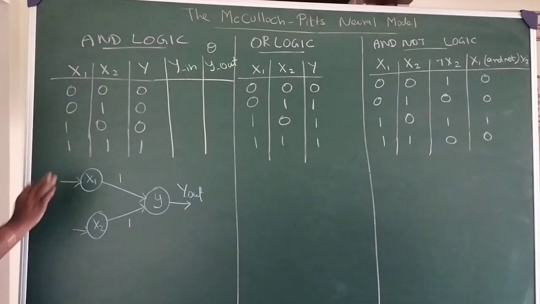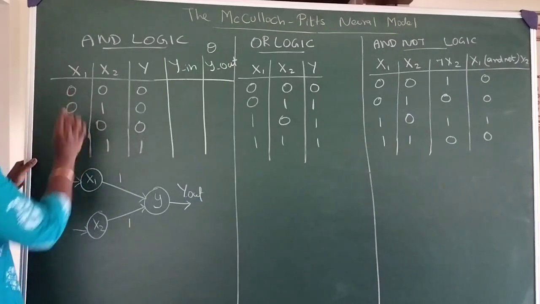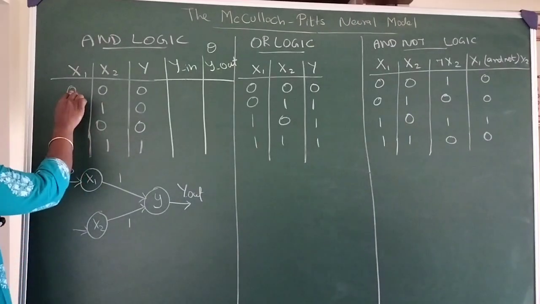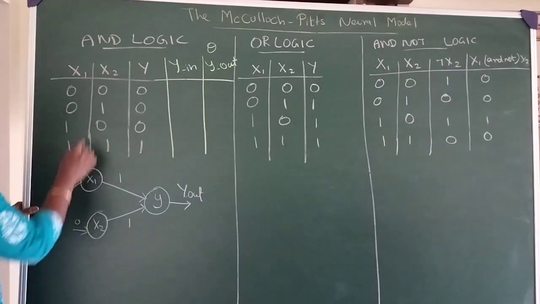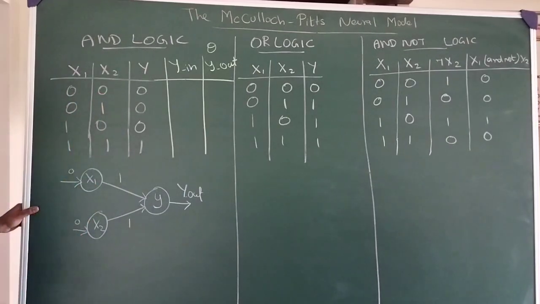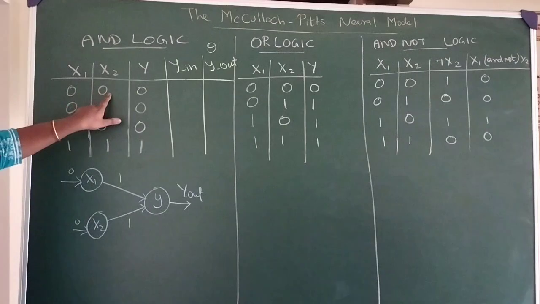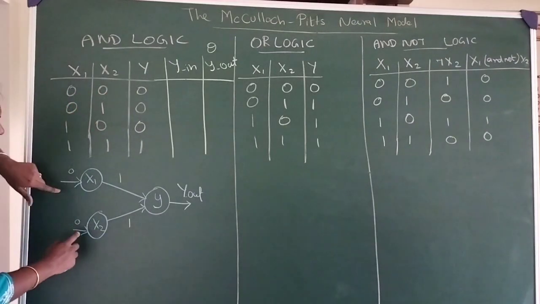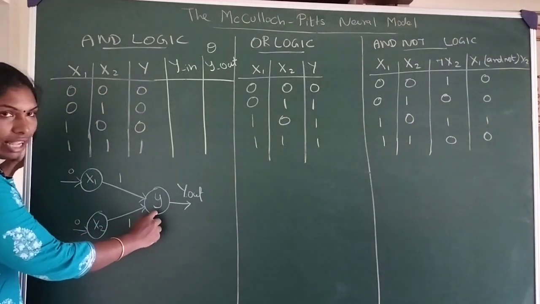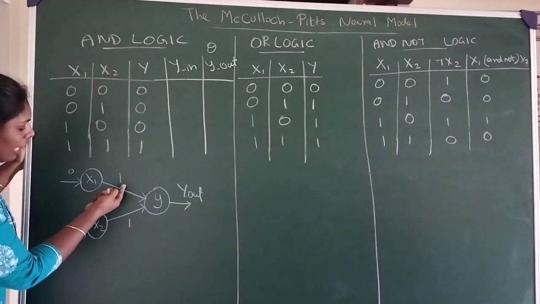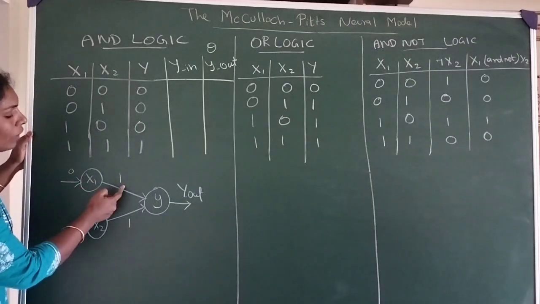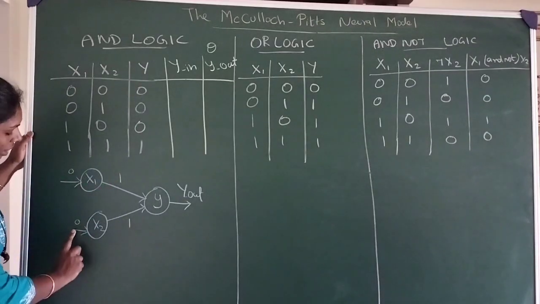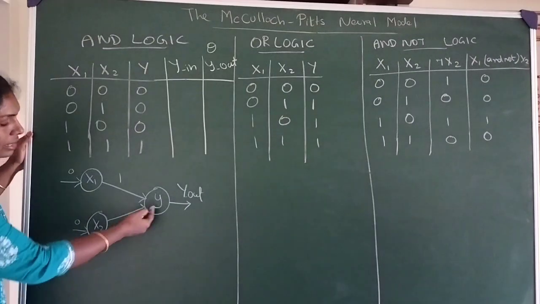First I'll start with my first input pattern. If my input neuron has value 0, x1 is 0 and x2 is 0. Now when I am calculating it, how do I calculate your y value? It is the input into weight. 0 into 1 is 0, and here also 0 into 1 is 0.